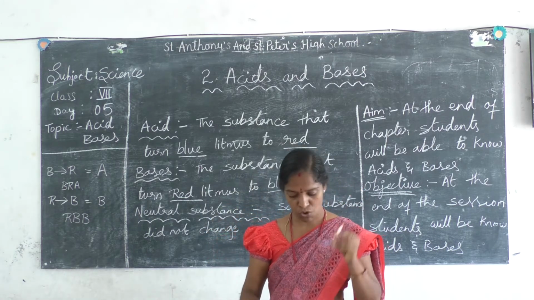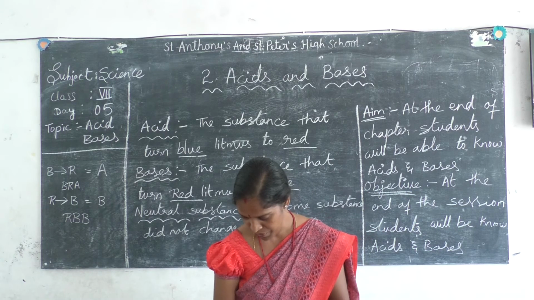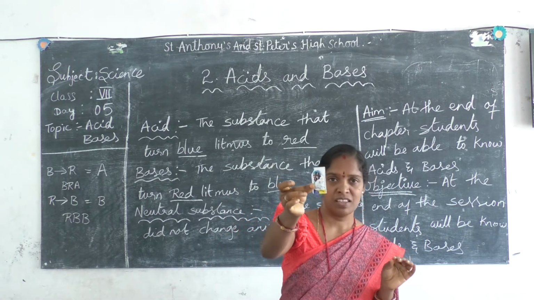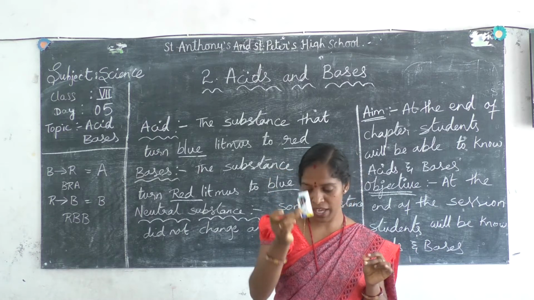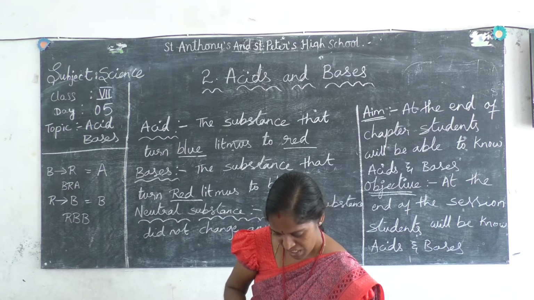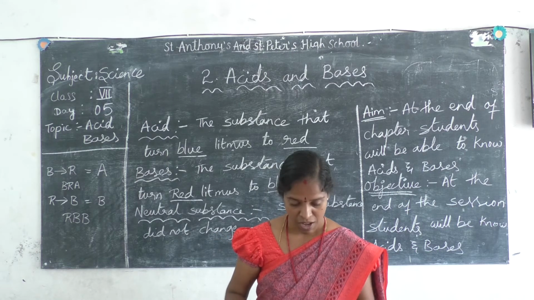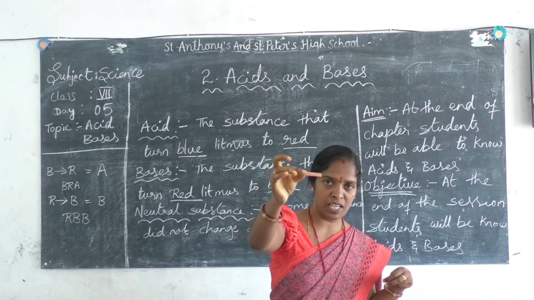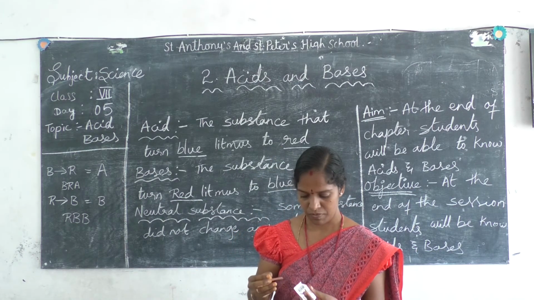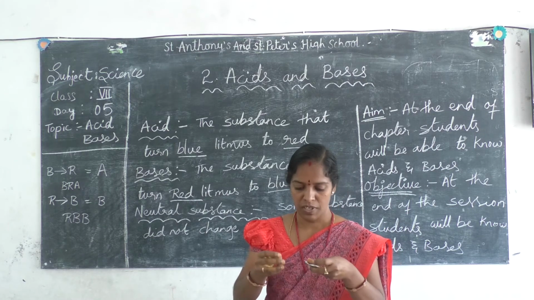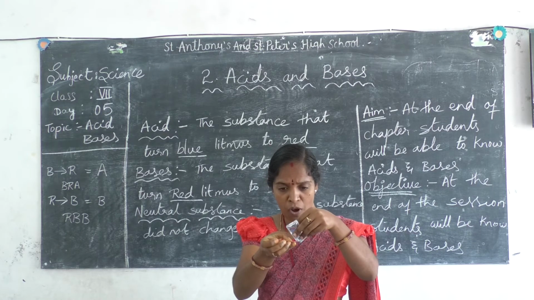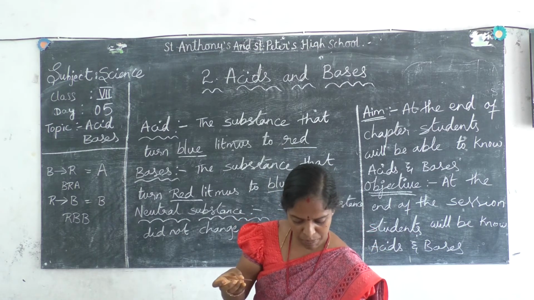Now I want to show another example here. What is this? This is shampoo. Now again I am taking the litmus paper. Shall we start with the red paper? Now I am taking this red litmus paper. See here, I am adding a little drop of shampoo to the red litmus paper.